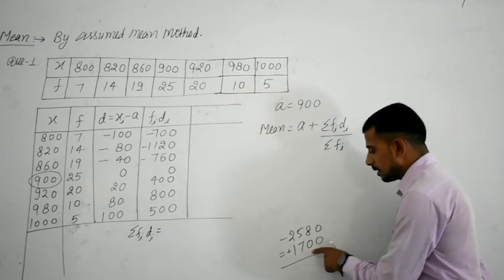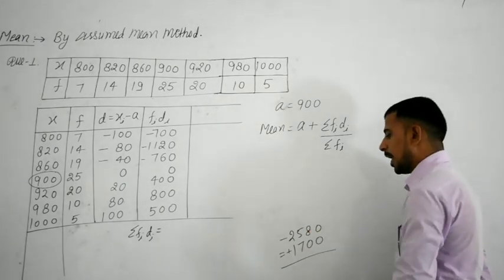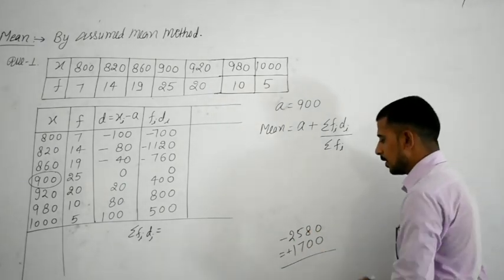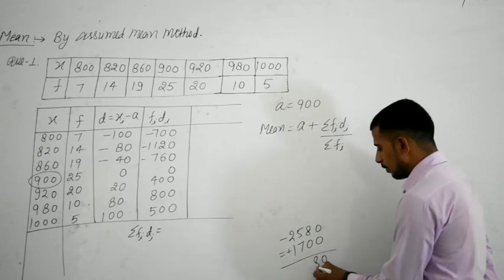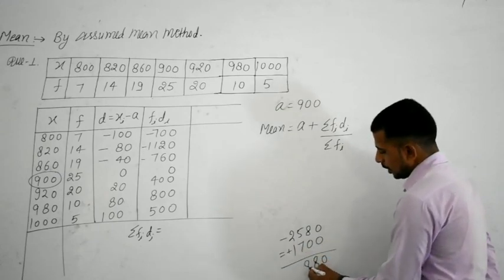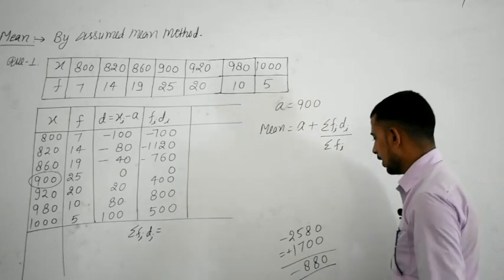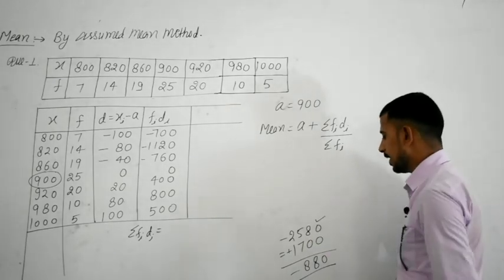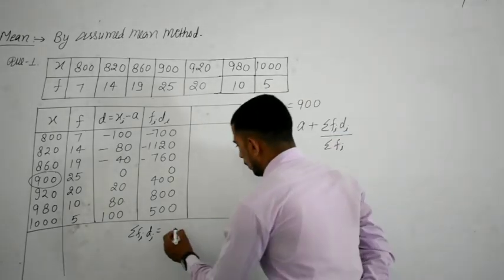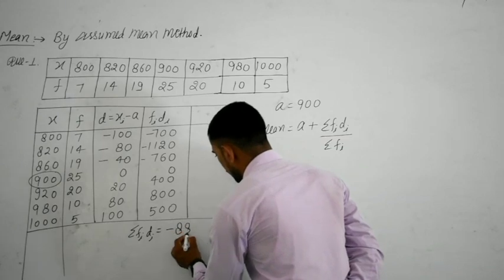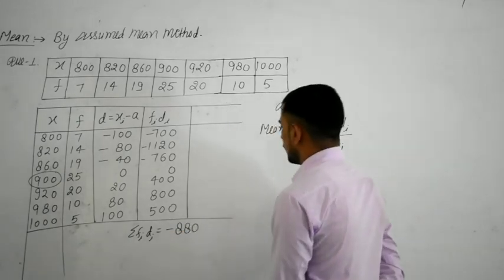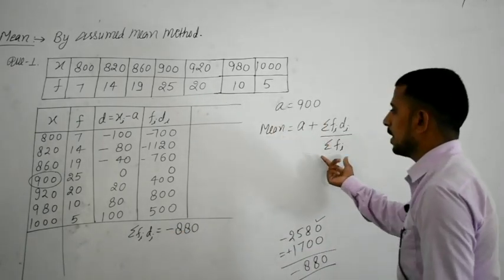One value is positive, another is negative, so take the difference, which is 880. The bigger value is negative, so the answer is also negative, minus 880.